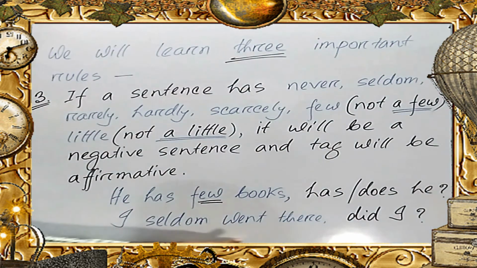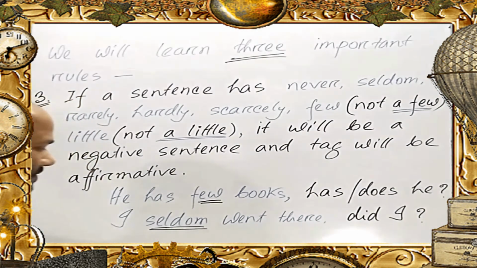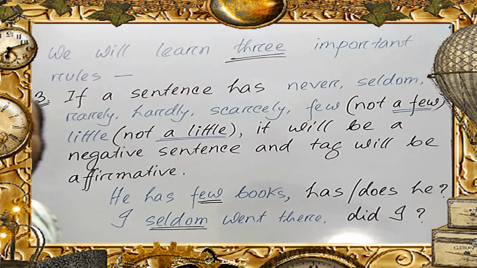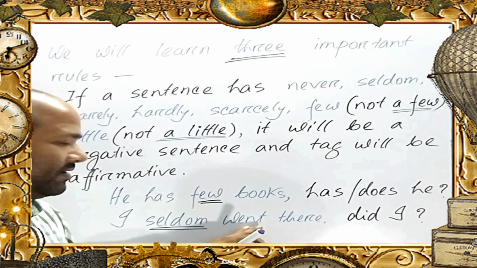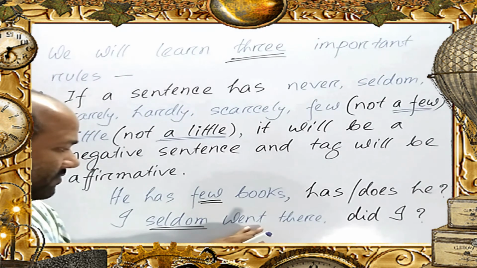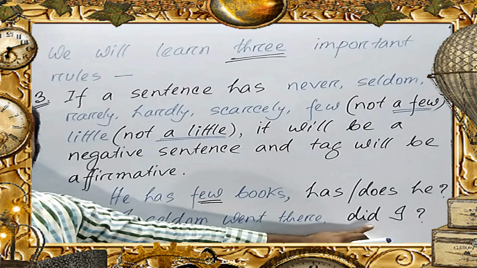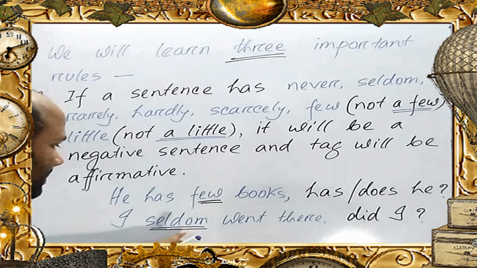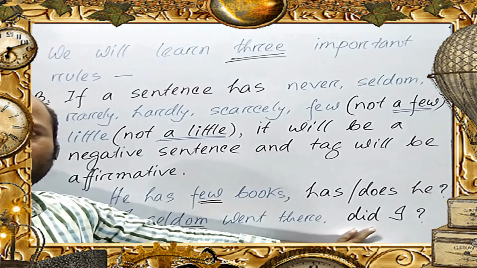Then, I seldom went there. There is seldom. Seldom is also a negative word. So in I seldom went there, as the verb bears the past indefinite tense or past form of the verb, we use did as an auxiliary. And as it has seldom, there is no negative contraction.